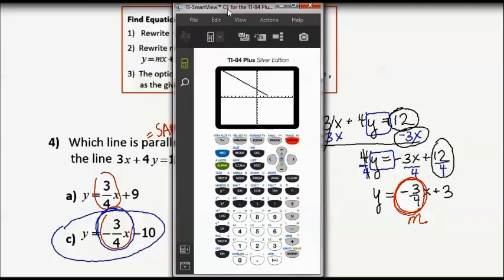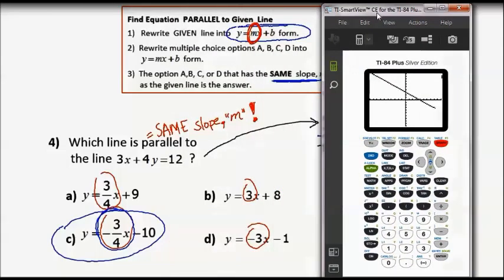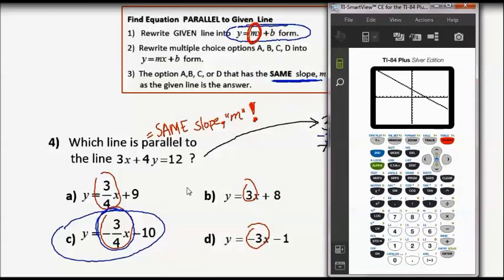And then without removing that graph, you can enter each one of these graphs in y2. For example, if you enter the first option A into y2 and you graph those, you're going to see that A clearly is not parallel to the given equation, because parallel means they go in the same direction.